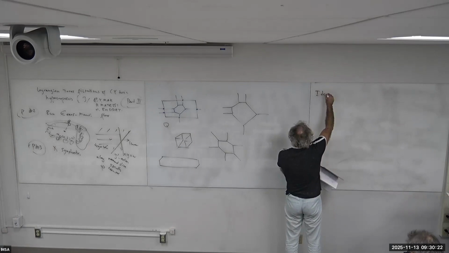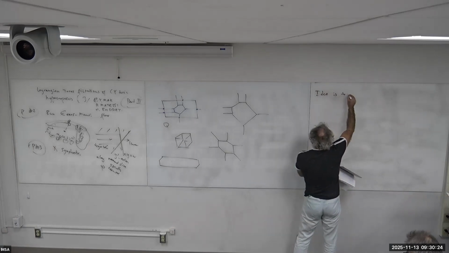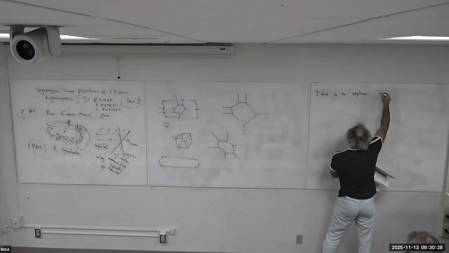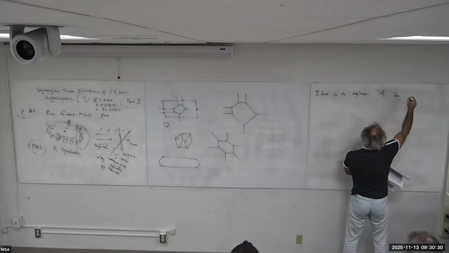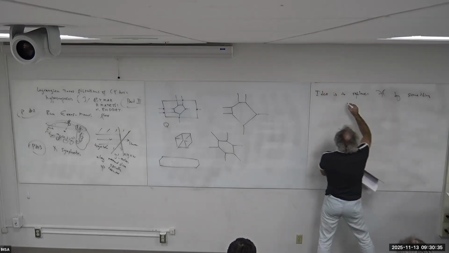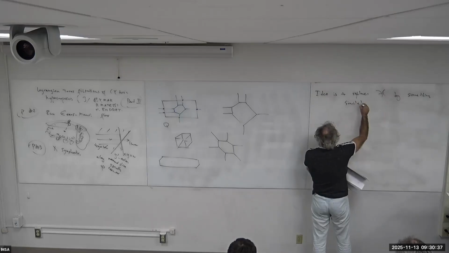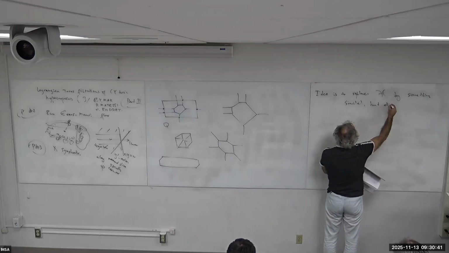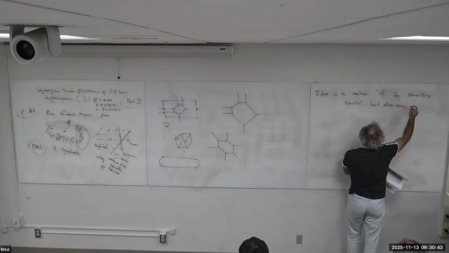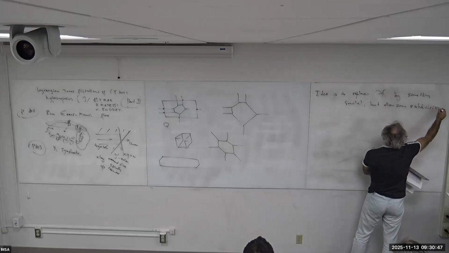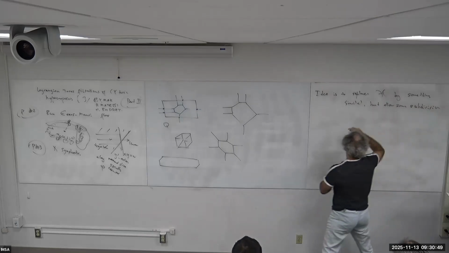The idea is to replace this tropical guy, which is X, by something similar, but allow some subdivisions. I'm going to draw some pictures.